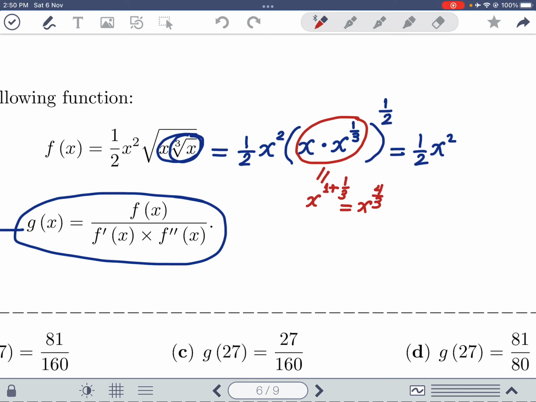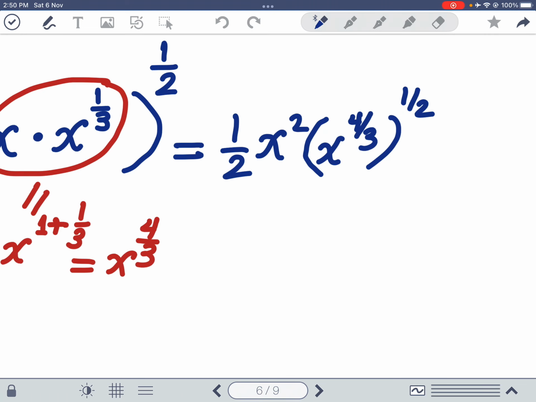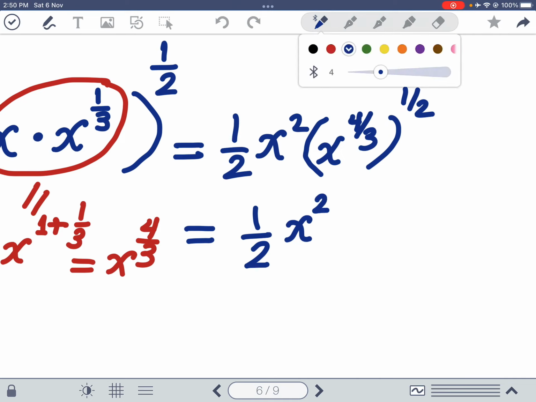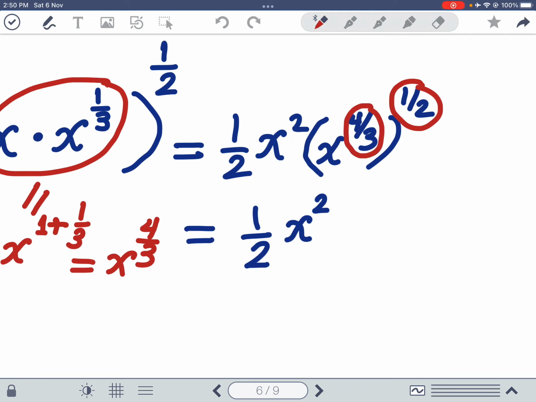And so this will be x to the 4/3, all of it to the 1/2. Now we can use the things that we know. This will be 1/2 x squared. And if you remember, if you have power of a power, you need to multiply these two powers.